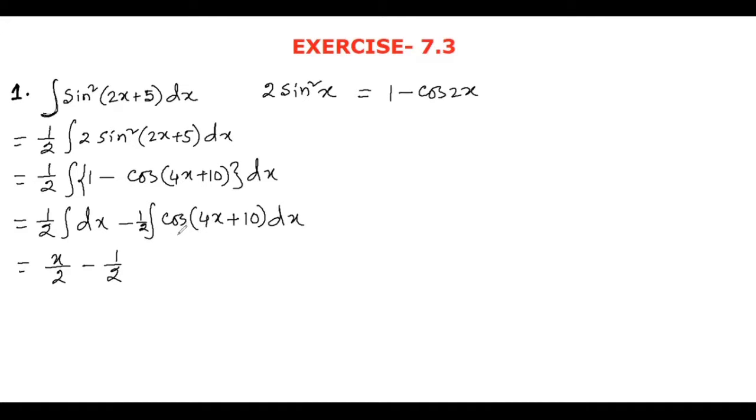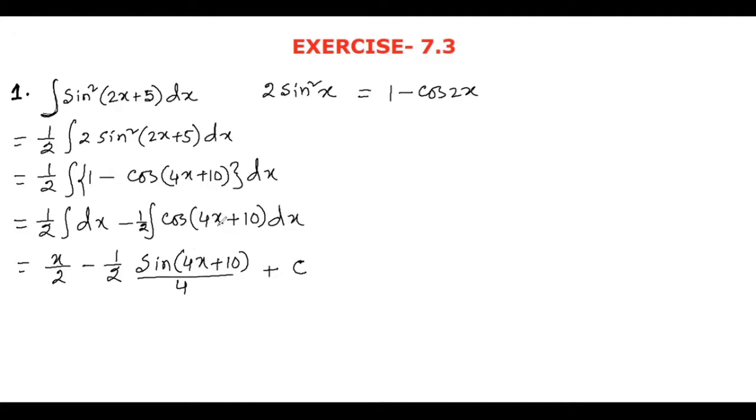Cos x integration is sin x. So sin x, x is here 4x plus 10. So basically 4x plus 10 we will write, under it we will write 4, and then plus c. Why we retain this one under 4? Because here x is multiplied by 4, so that's why I wrote it in the denominator.